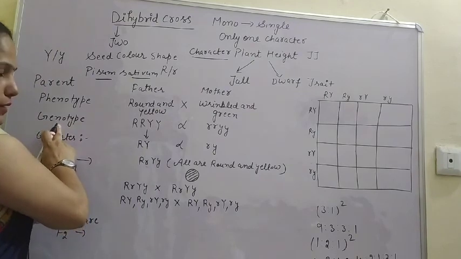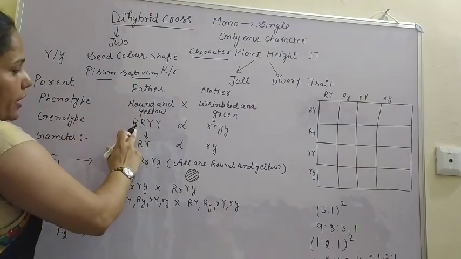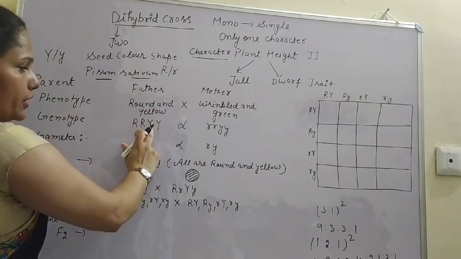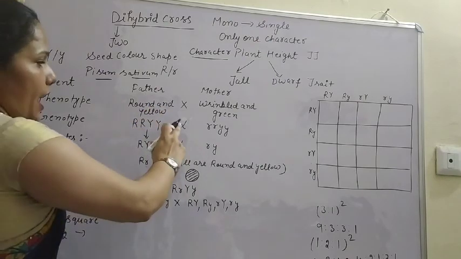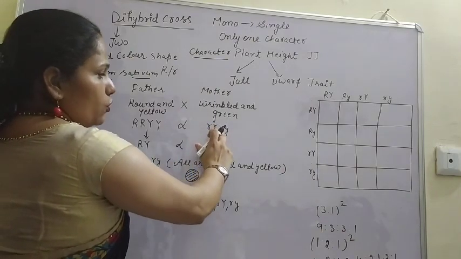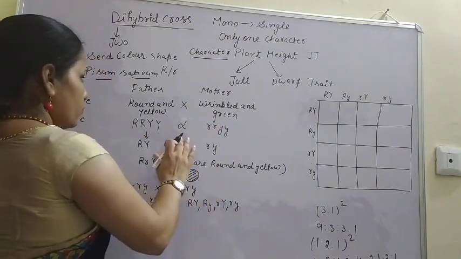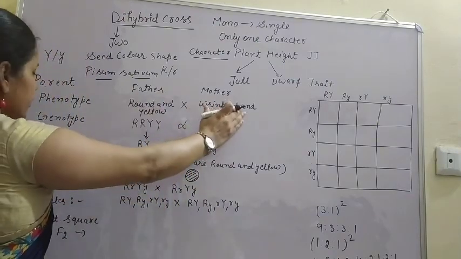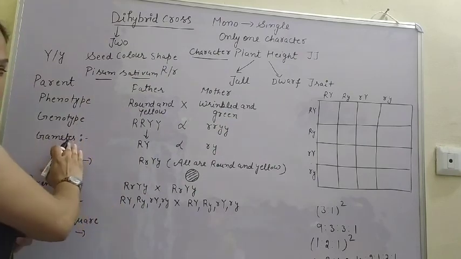Next, the genotype. For round, I am writing capital R, and for yellow, capital Y, and for wrinkled, small r, and small y. So the round and yellow, wrinkled and green. Now the gametes.